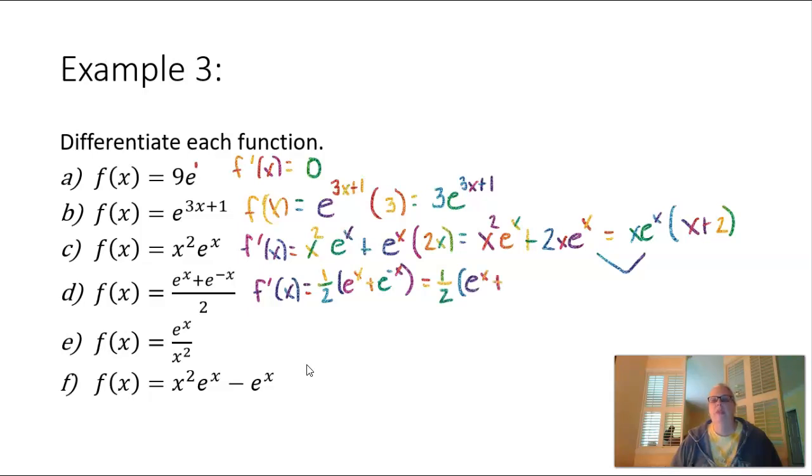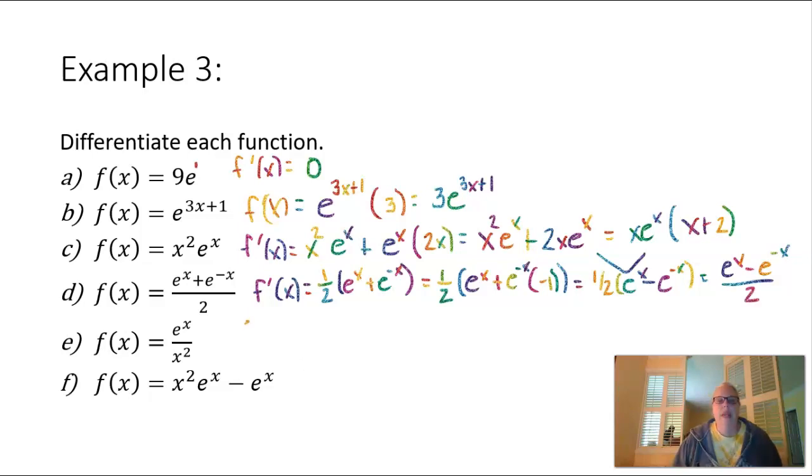The derivative of e to the negative x is e to the negative x, but the derivative of the exponent up there is negative 1. So we have half of e to the x minus e to the minus x. And if you want to turn that back into e to the x minus e to the minus x over 2, you are certainly welcome to do that.